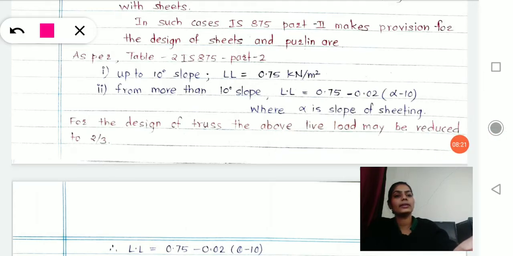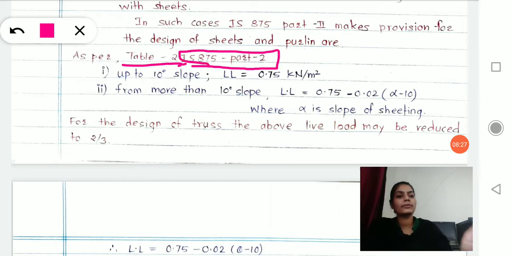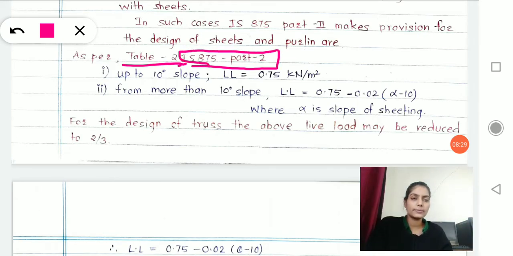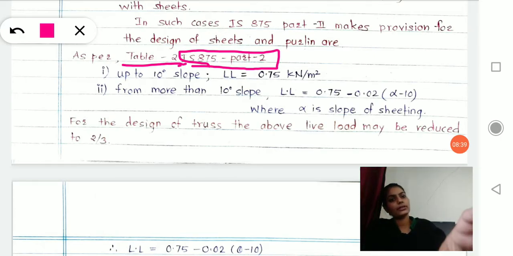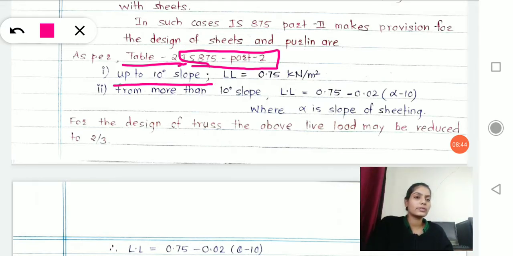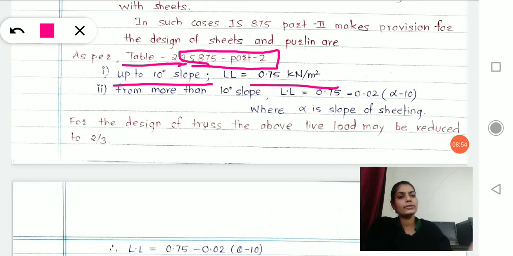We are talking about Table 2 from IS 875 Part 2, which is the IS code to calculate loads on the structure. If the slope of a truss is up to 10 degrees, it can be lesser than that but should not be greater. In that case, live load will be 0.75 kilonewton per meter square, right?